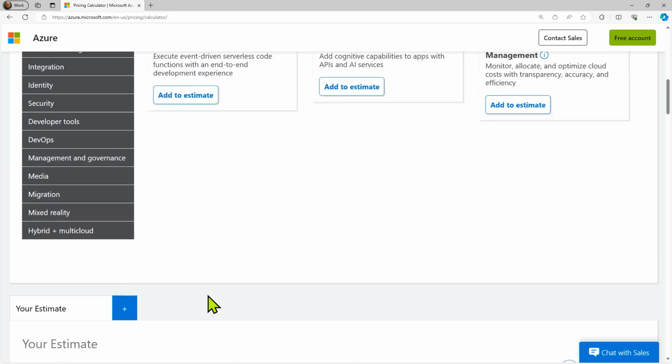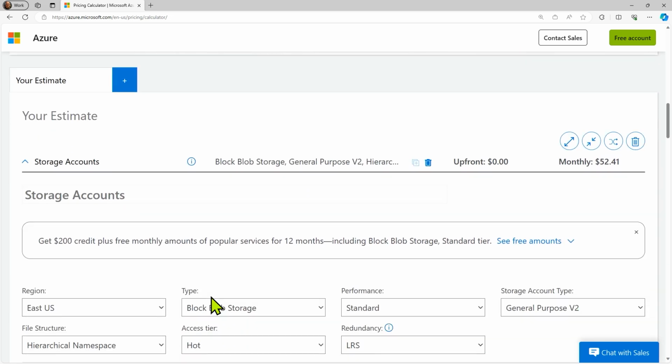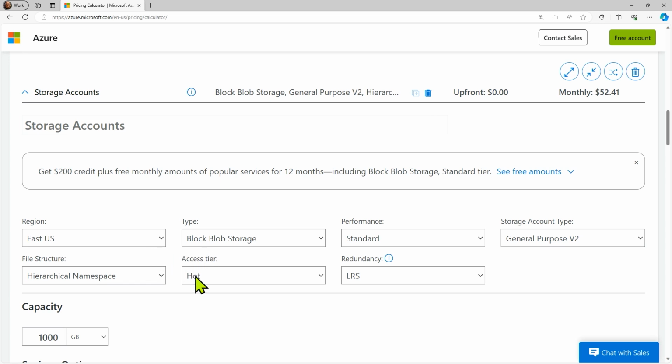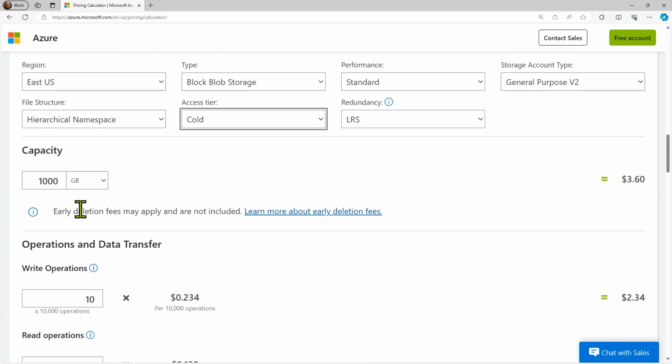I'm going to keep a lot of these numbers exactly the same. I'm going to switch this from hot to cold. You'll see that the same amount of storage is significantly cheaper. It's not $15 to store it, it's only about $3 instead of $15.